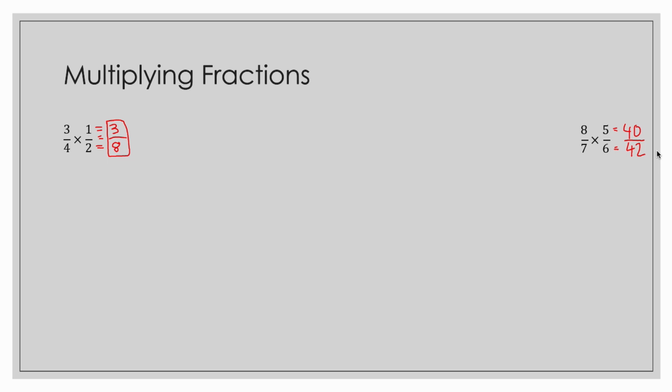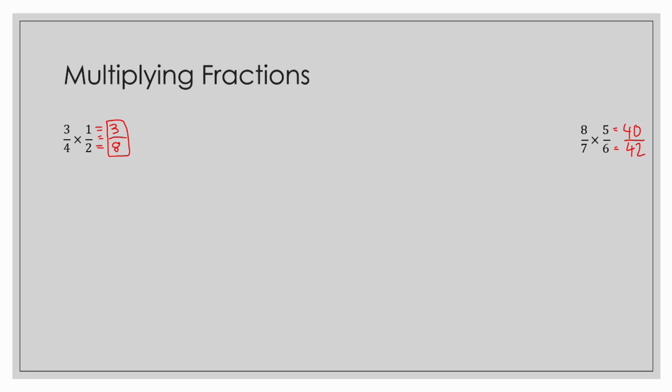But this isn't simplified, and we need to simplify it. So how do we simplify this? Well, as I showed in the previous video, we simplify this by finding the GCF and dividing both the numerator and the denominator by that GCF. So what is the GCF of this?